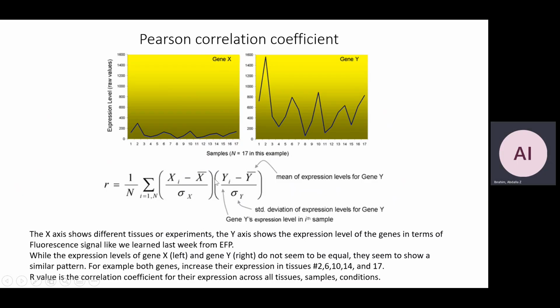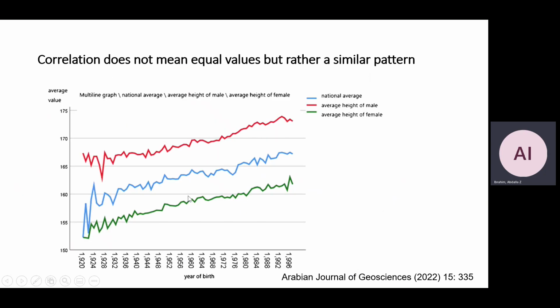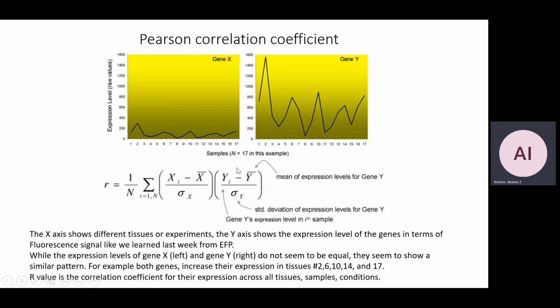This is the equation, for mathematically inclined folks. X-bar is the mean of the expression for gene X, and this is the standard deviation for that gene's expression. And this is again gene Y that we're testing, with its average divided by its standard deviation. Anyways, it gives you an R value.